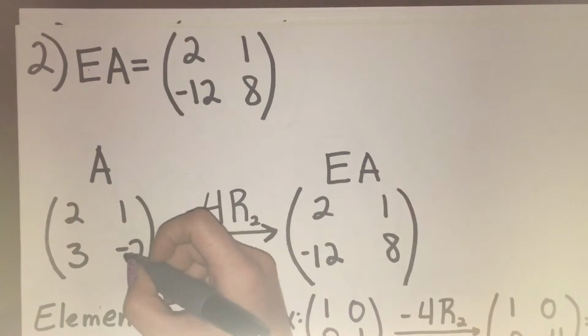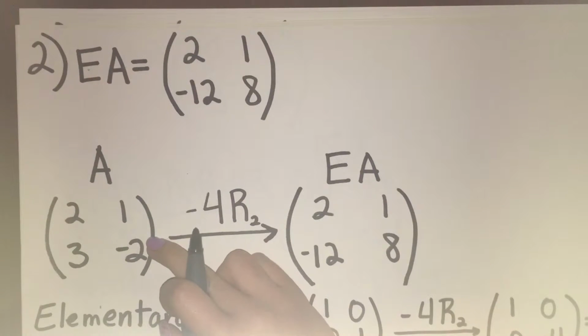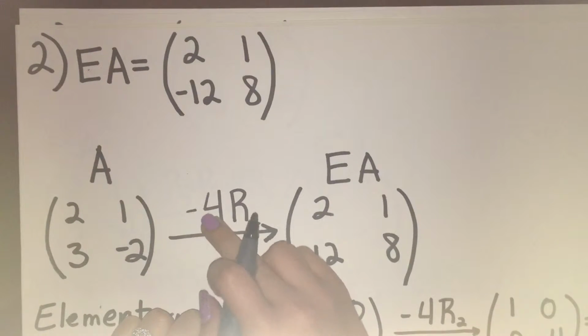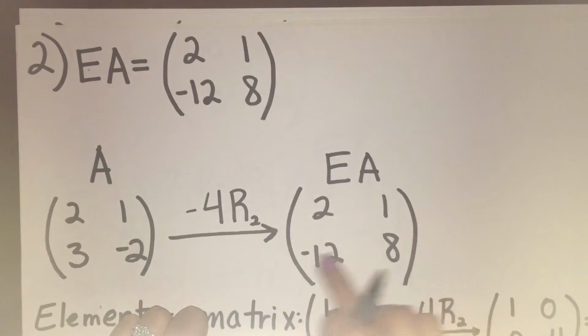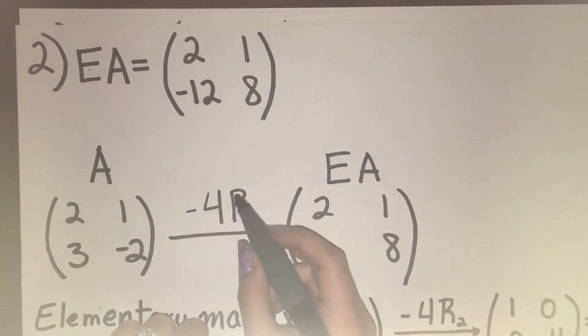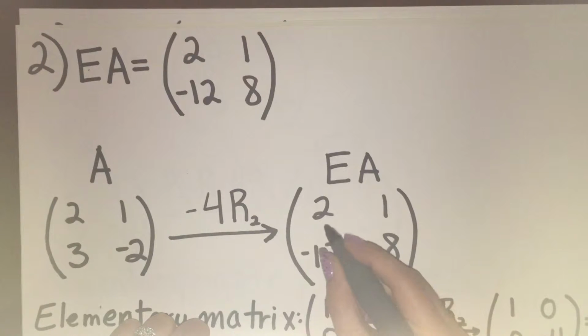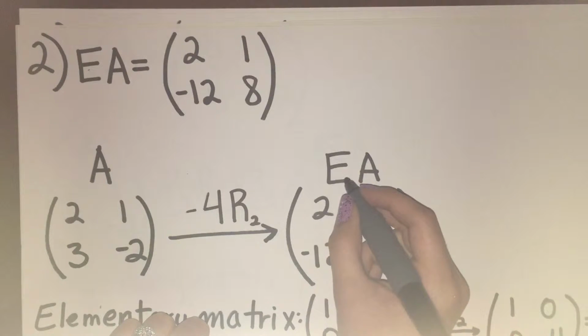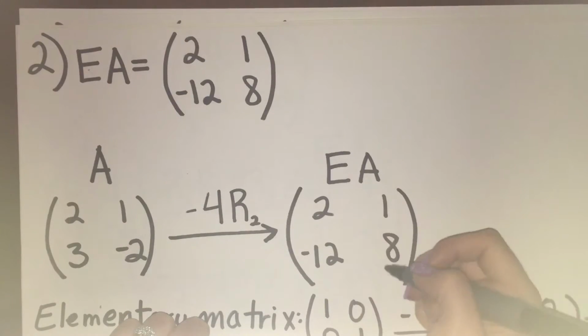So the elementary row operation that happens here is a type 2, that you multiply a constant by the row, and that is the operation that takes place. So in this case, it's negative 4 times row 2, which would be the new matrix, EA, which is entries 2, 1, negative 12, 8.